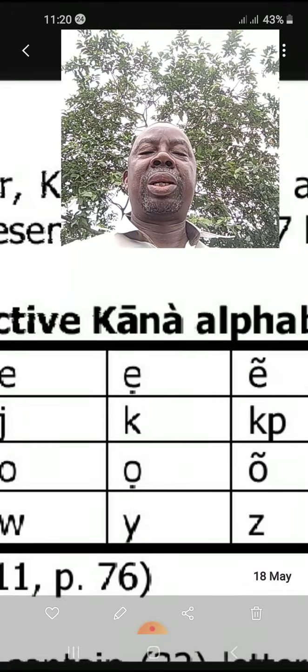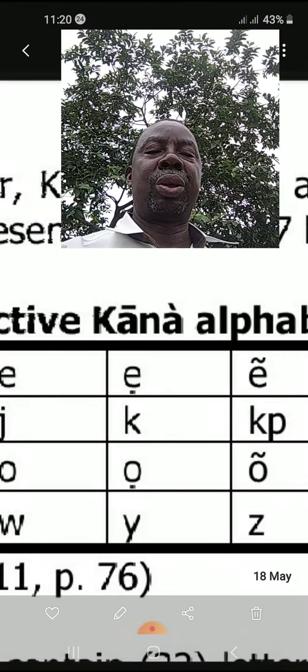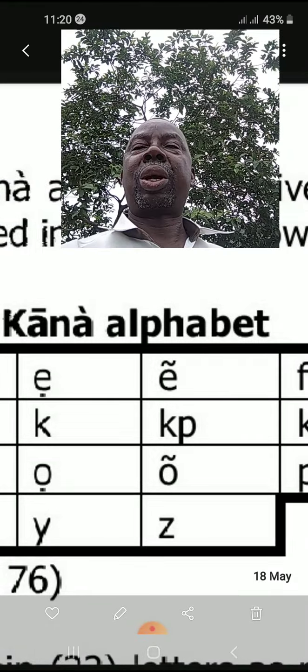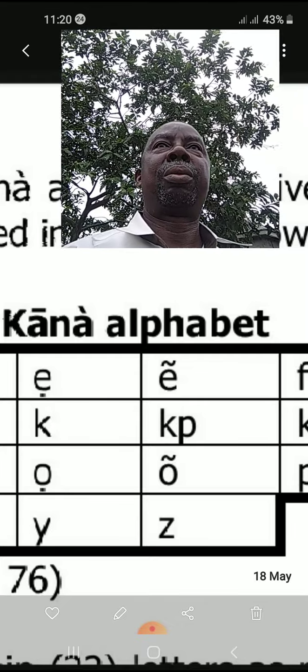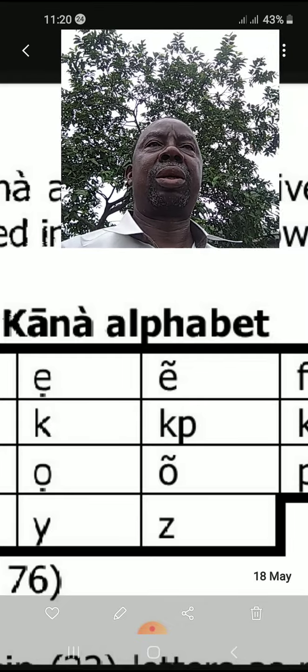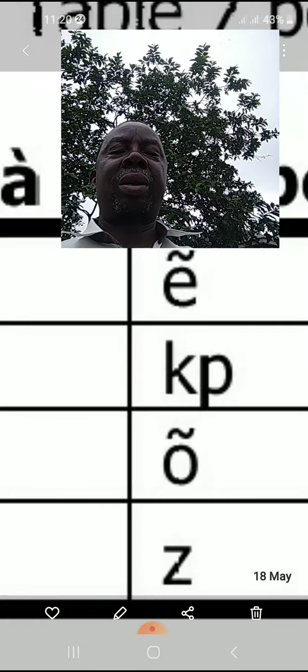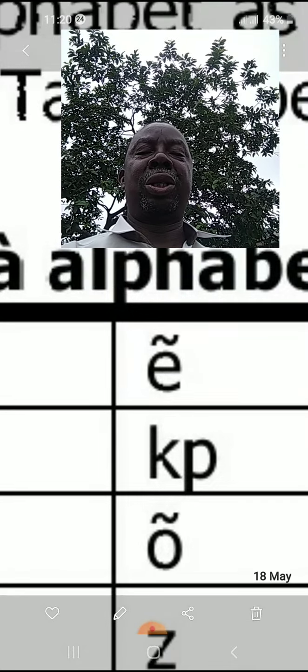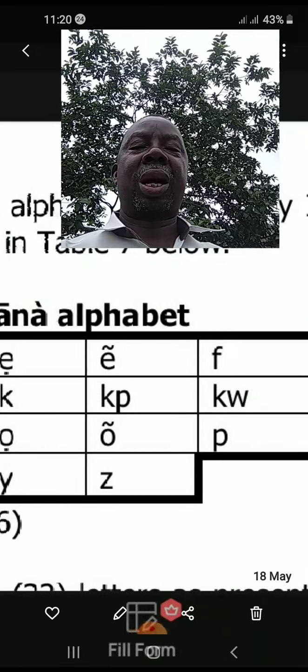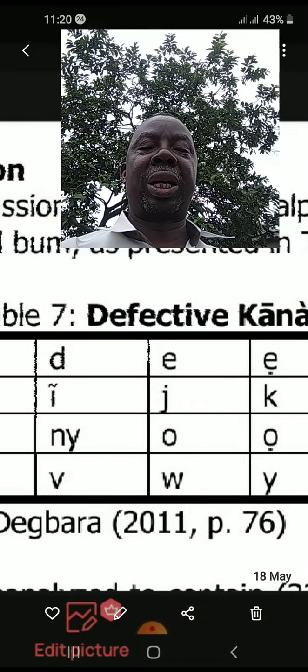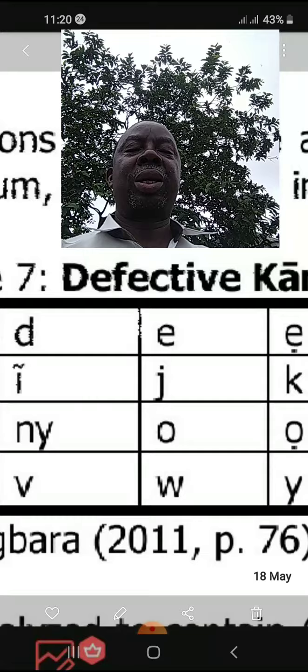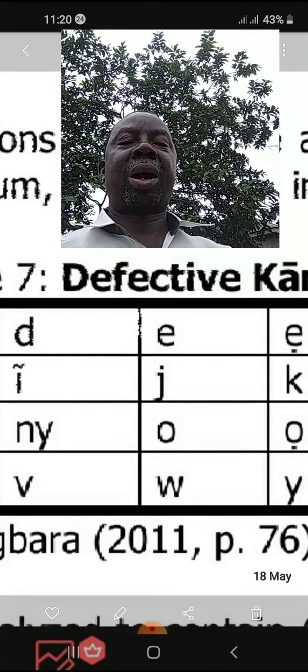When you want to write a word like be, that must carry an underdot, you put E with the underdot. When you want to write a word like king that needs a nasal feature, you put the E and place the nasal feature, the tilde, on top of the word. But the essential thing there is that you choose only one letter out of these three.